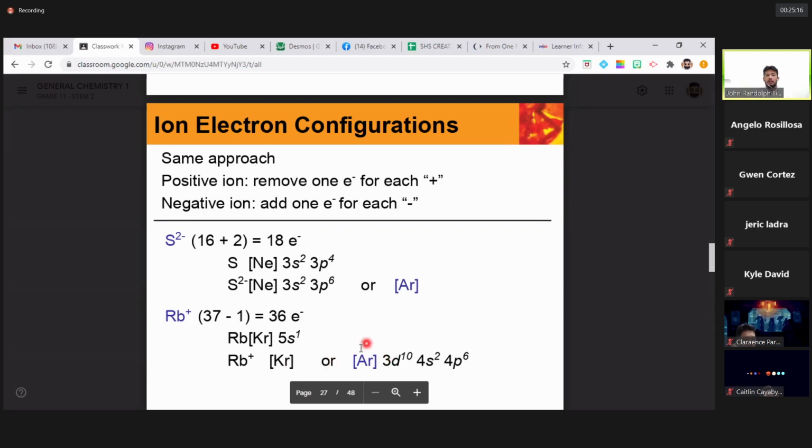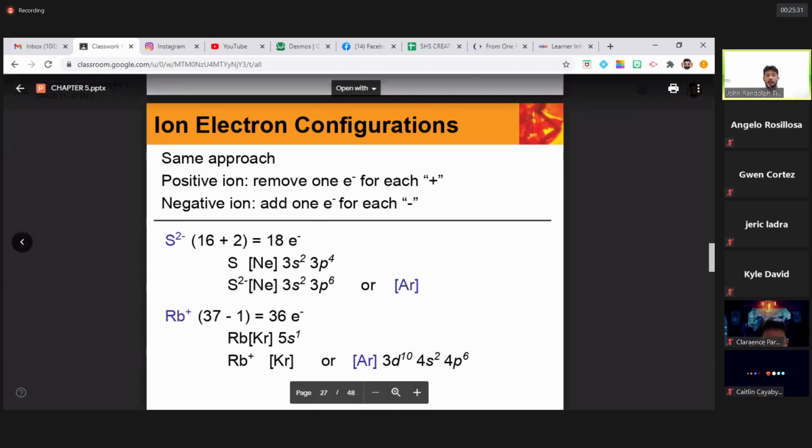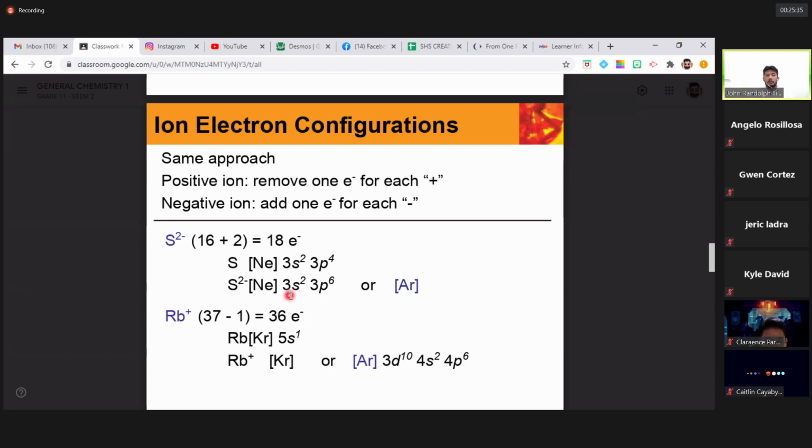Or you can just write it this way, argon. Ibang argon can be written as argon. Pang ilan yung argon natin dyan guys? Check sa periodic table. Argon is 18. Pang 18 yung argon natin, di ba?